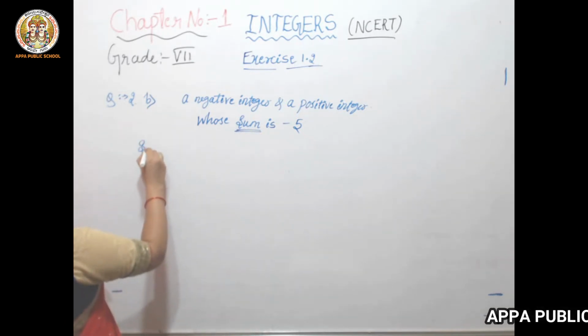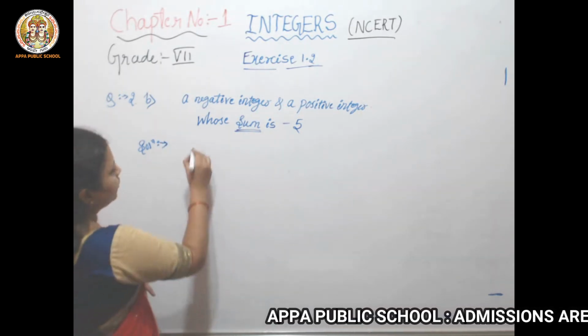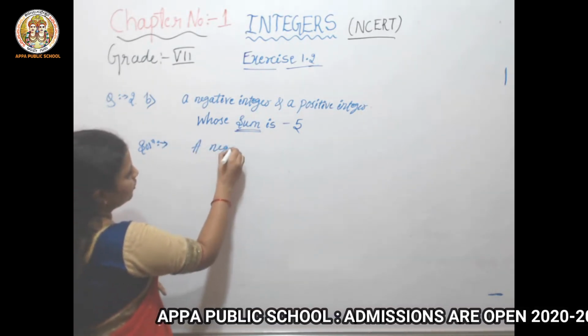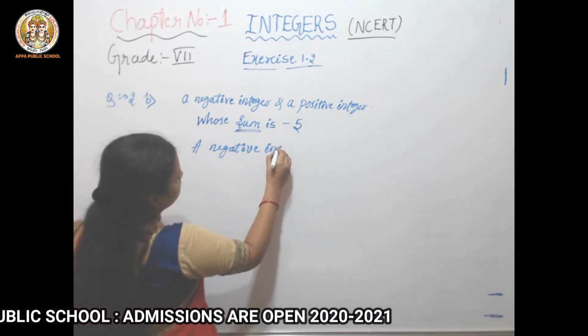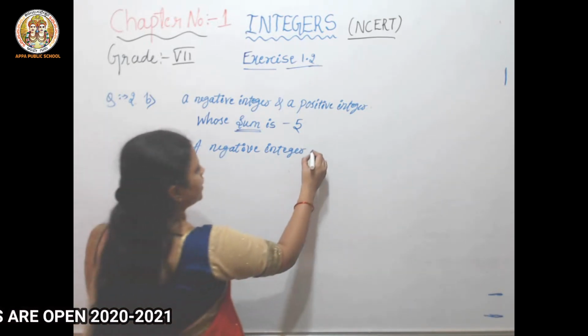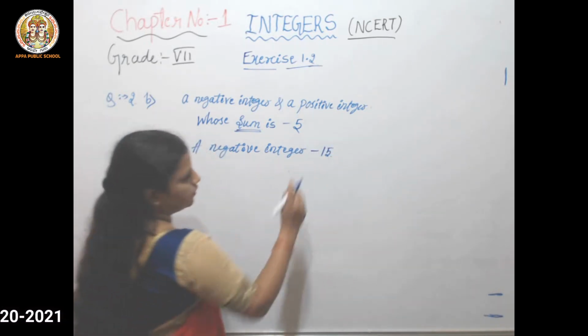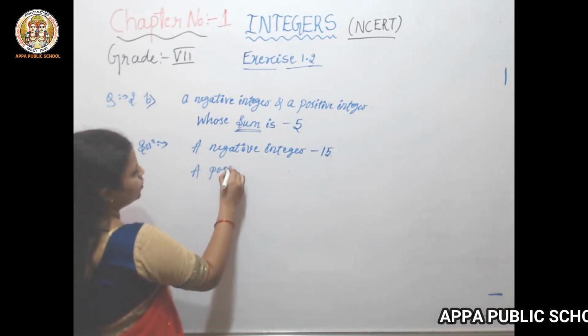Okay, the solution. First is a negative integer. What will we take as the negative integer? Here I will take the negative integer as -15. Okay, and a positive integer.